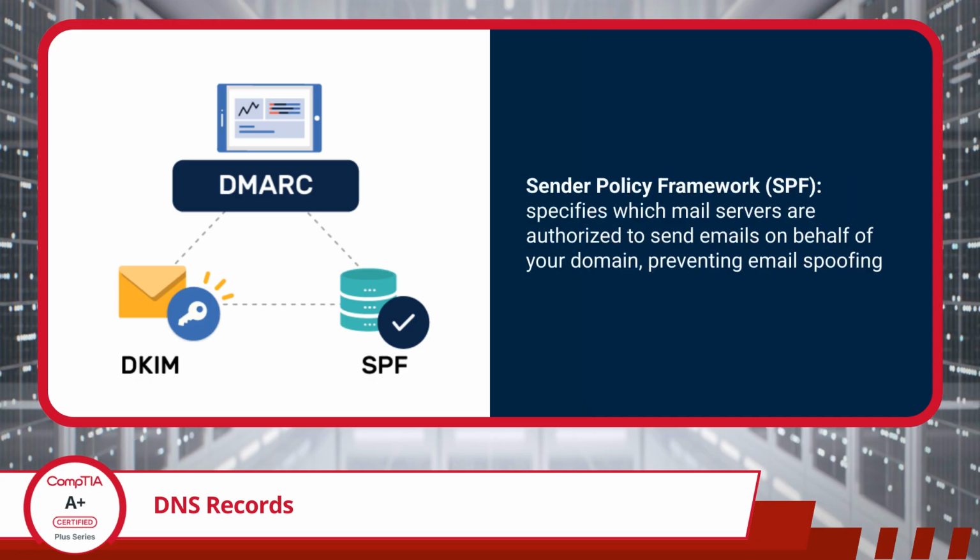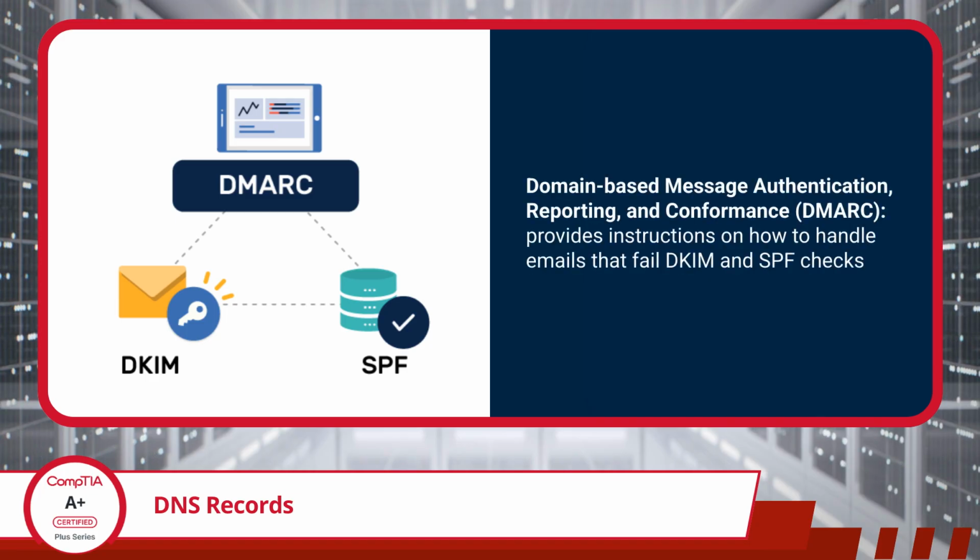SPF, or Sender Policy Framework, specifies which mail servers are authorized to send emails on behalf of your domain, preventing email spoofing. Lastly, DMARC, which stands for Domain-based Message Authentication, Reporting, and Conformance, builds upon DKIM and SPF, providing instructions on how to handle emails that fail DKIM and SPF checks, thus enhancing email security and integrity.